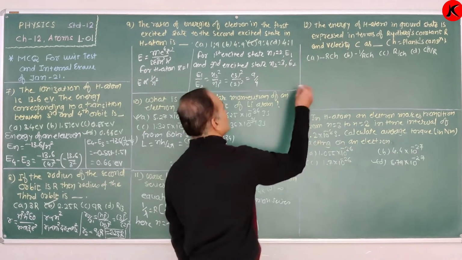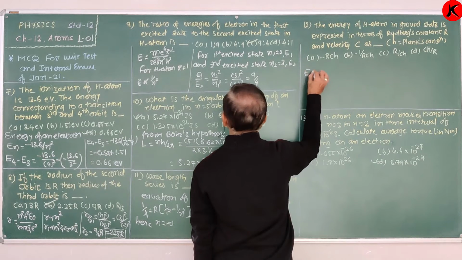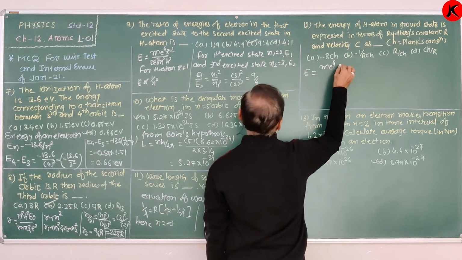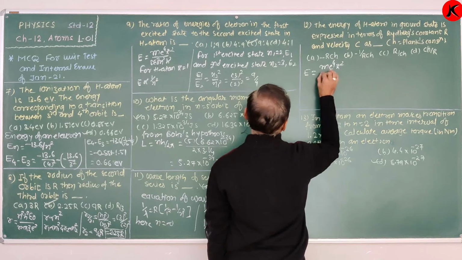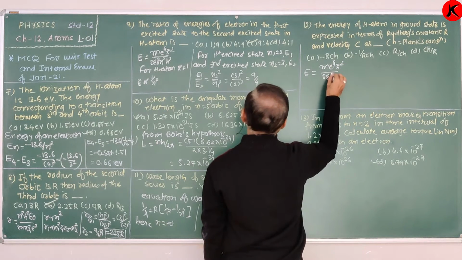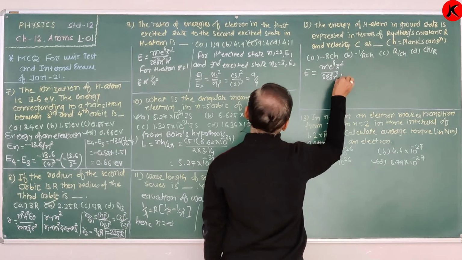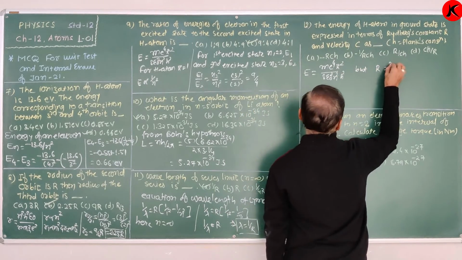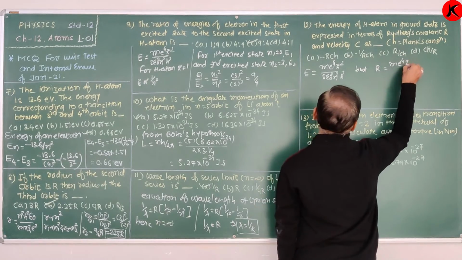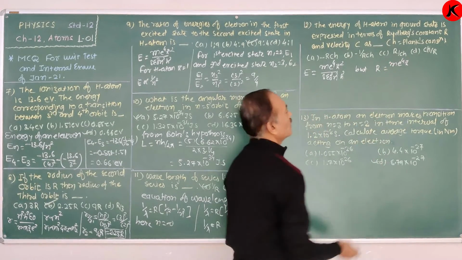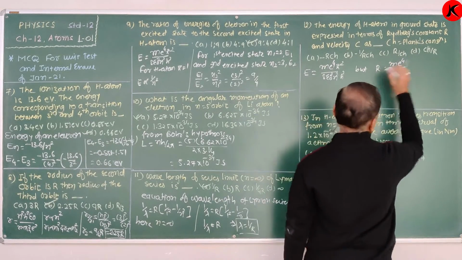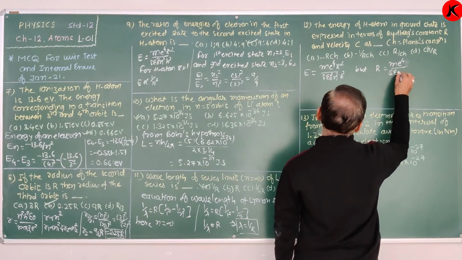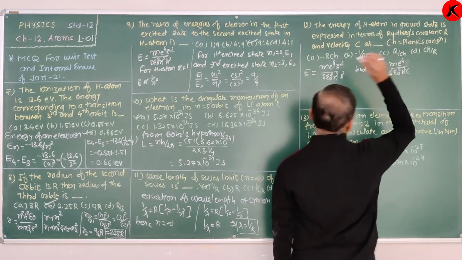Now we know the equation of energy: E is equal to m e to the power 4 z square upon 8 epsilon 0 square n square h square. But the Rydberg constant R is equal to m e to the power 4 upon 8 epsilon 0 square h cube c.